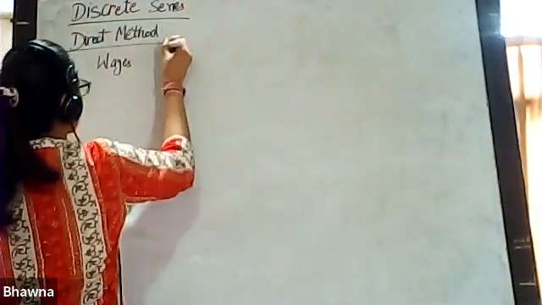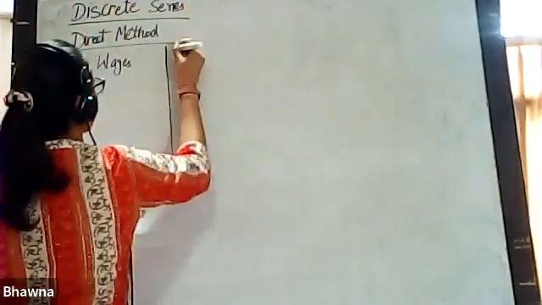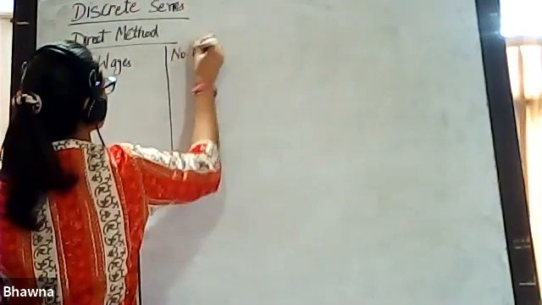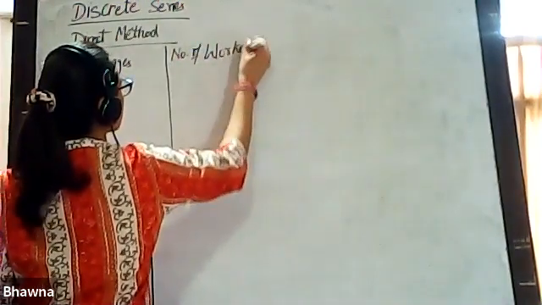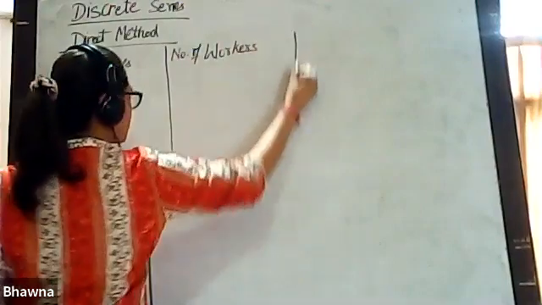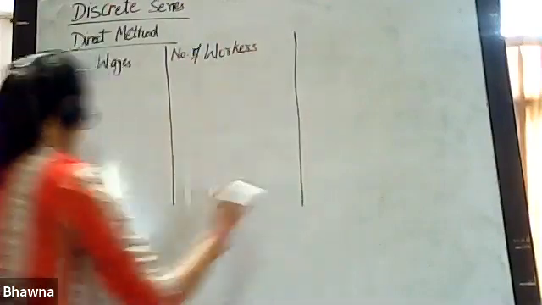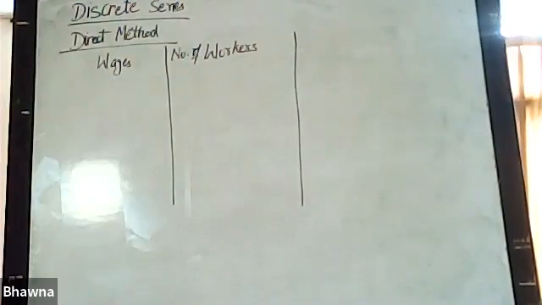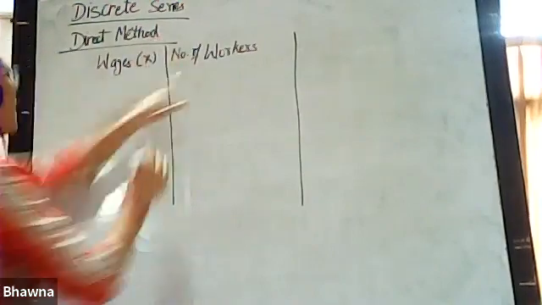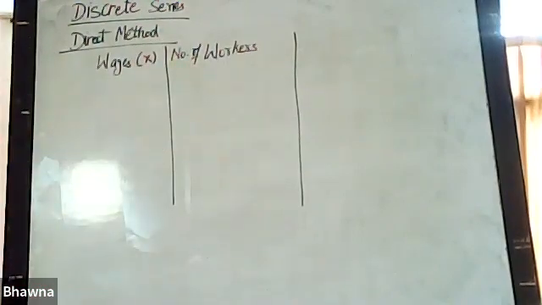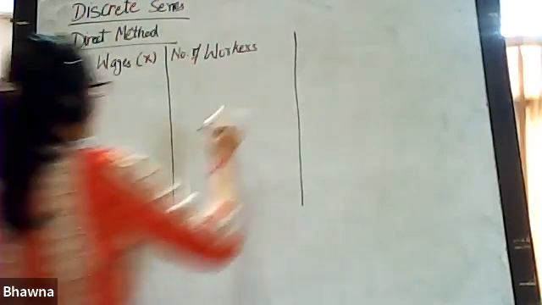Wages and number of workers are given. Denoting wages by X and the number of workers by F, frequency.